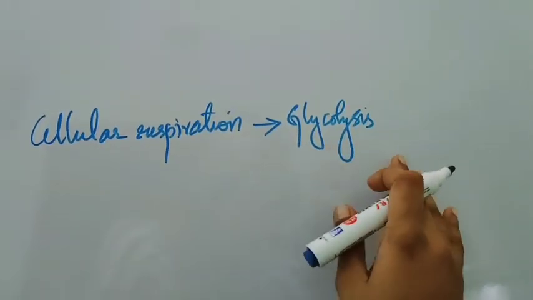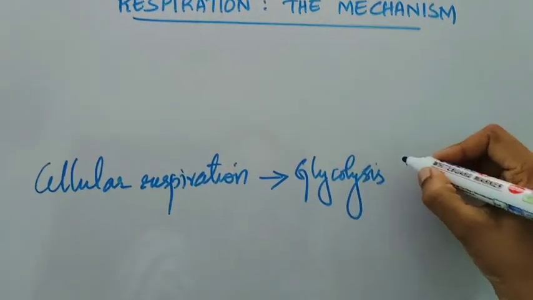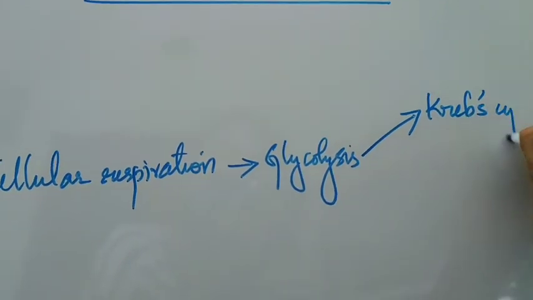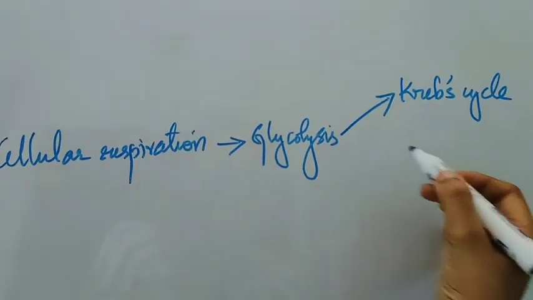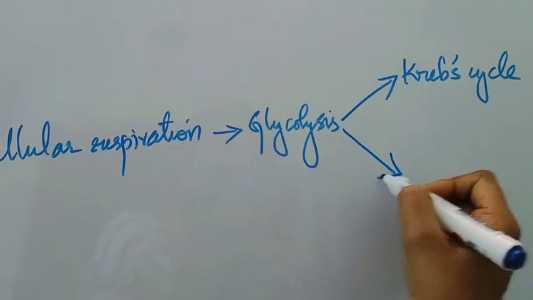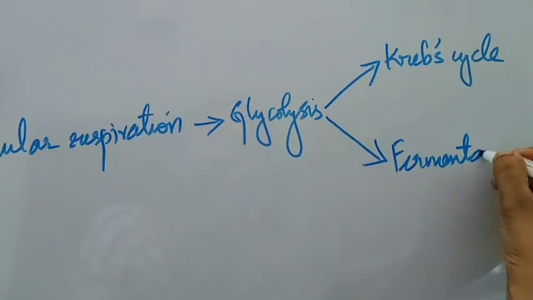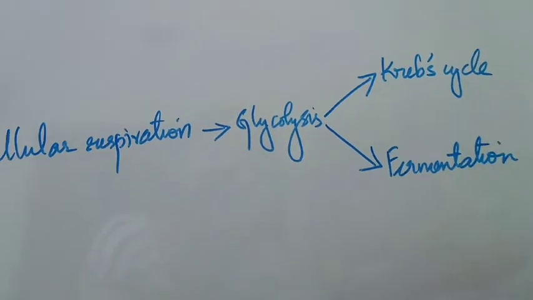And after this, the pyruvic acid either enters the Krebs cycle if it is a part of aerobic respiration, or otherwise enters into fermentation if it is an anaerobic respiration.